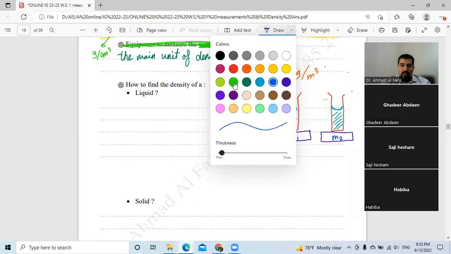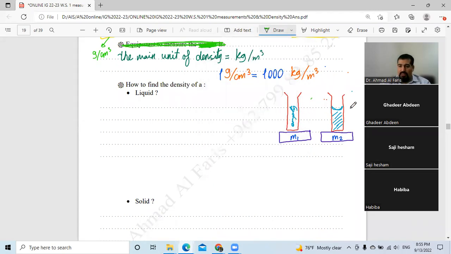And the volume here was empty, no volume, but the volume here becomes V, right? So to find the density of this liquid, it will be M2, bravo, M2 minus M1 over the volume V.